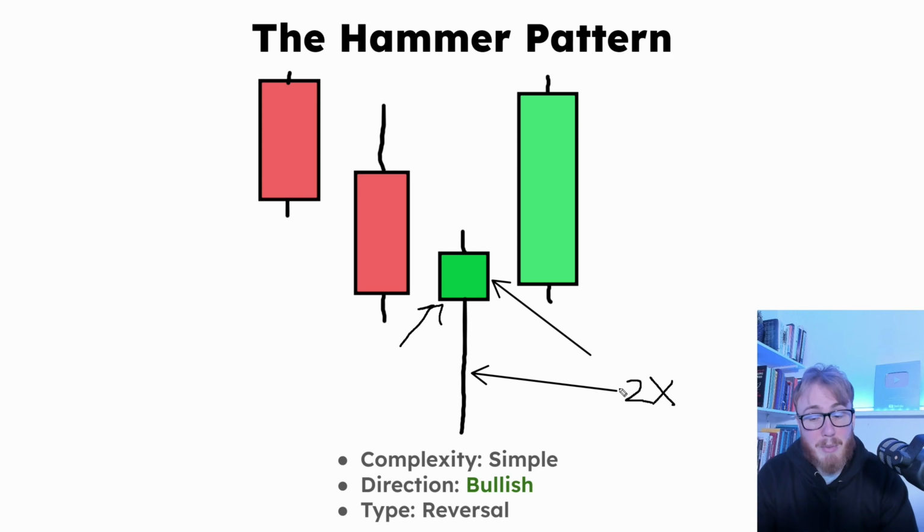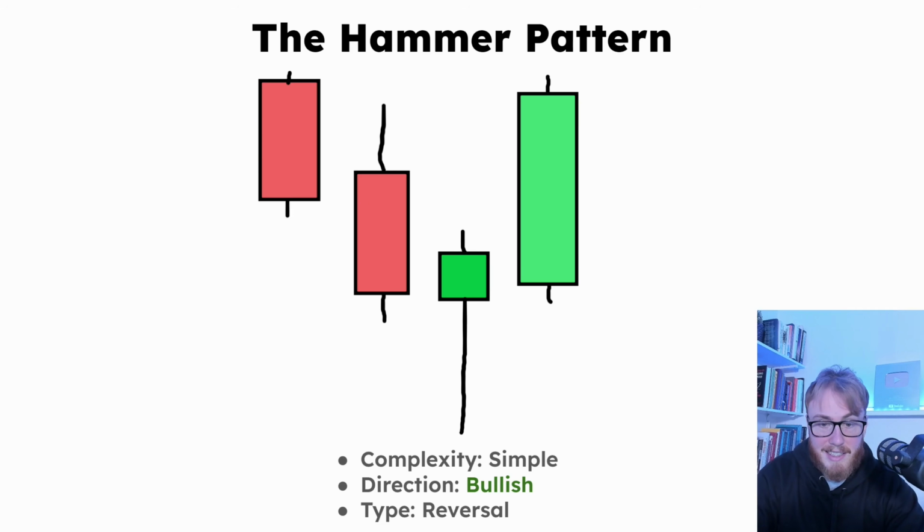But preferably what I want to see is a wick that is maybe 3 times or even 4 times as large. As you can see in this particular case, the wick right here is maybe 3 to 4 times as large compared to the real body of the candle. One last thing you want to look out for when it comes to the hammer pattern is that the upper wick here should either be very small or not existing at all. So the smaller the upper wick, the better.